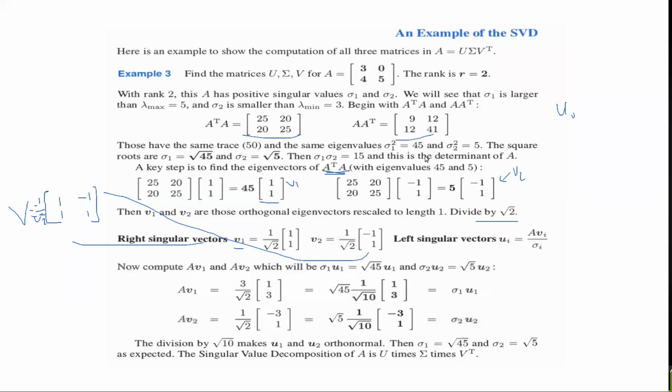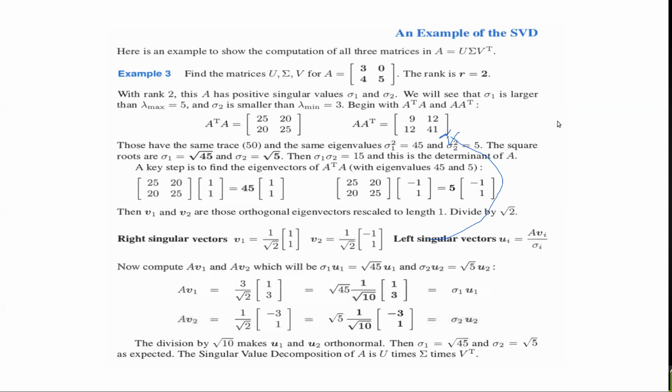So the eigenvalues of A A transpose will be 45 and 5, the same. And then you can find the eigenvectors using the eigenvector calculations. But if you go through the same process for the U's as for the V's, you might run into trouble.